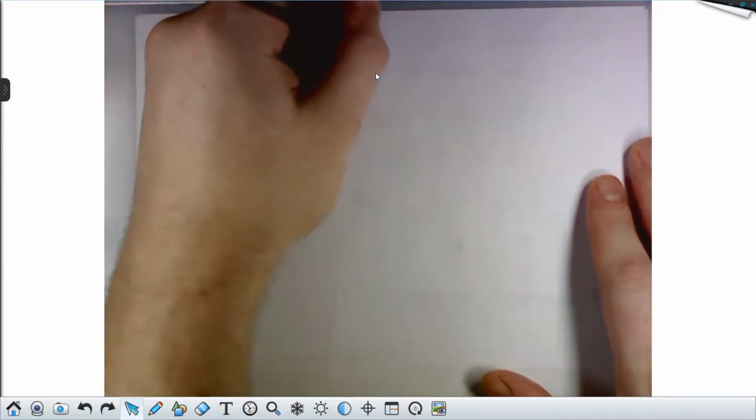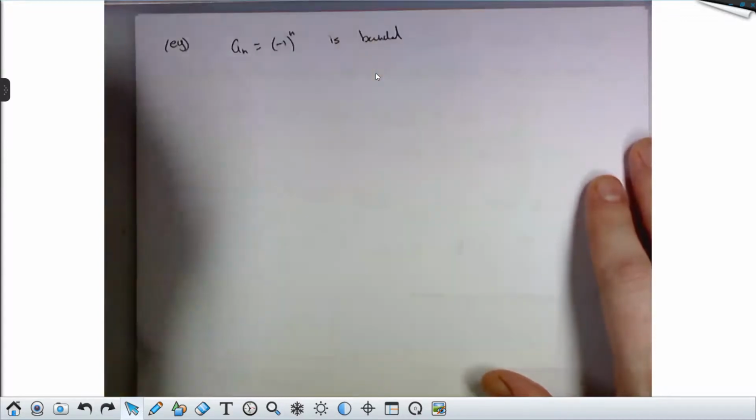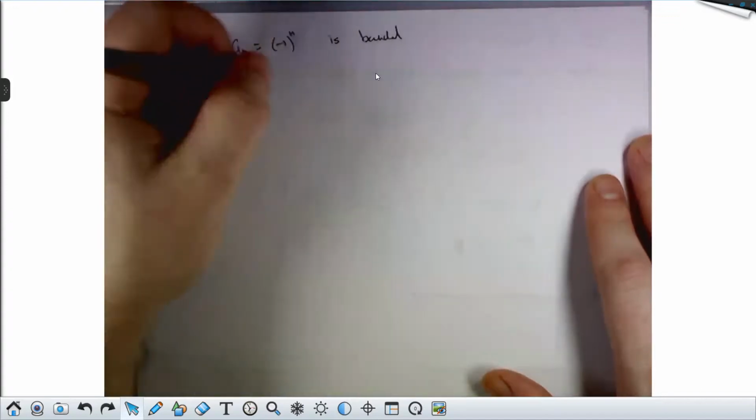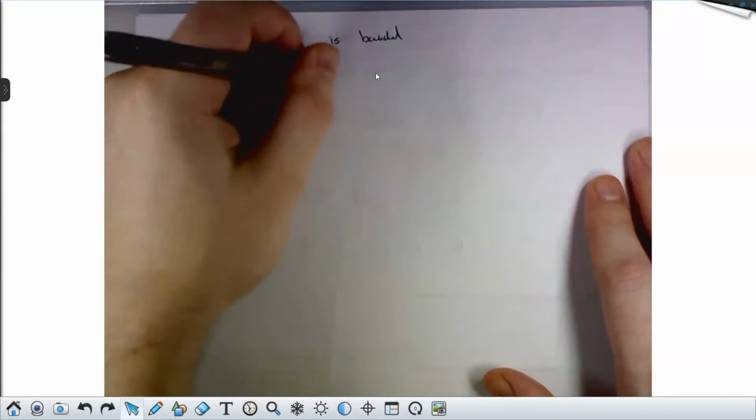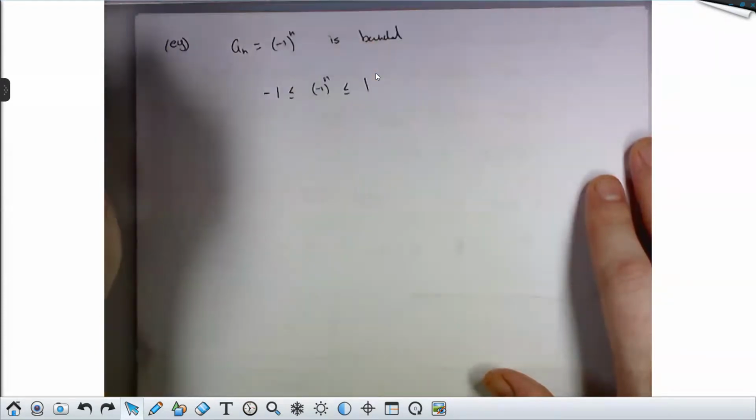Another example of a bounded sequence: the sequence a_n equals (-1)^n is bounded. It's bounded below by -1, and it's bounded above by +1.